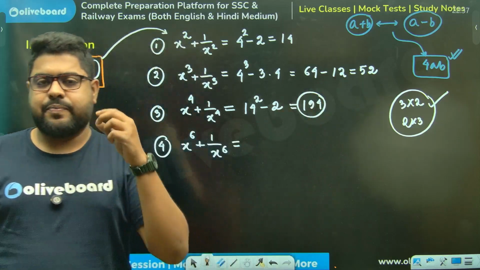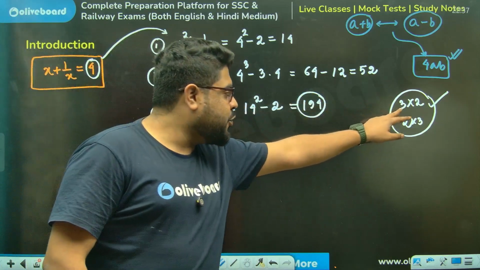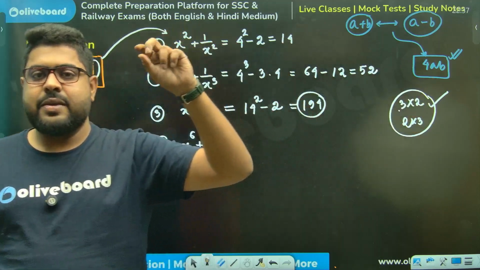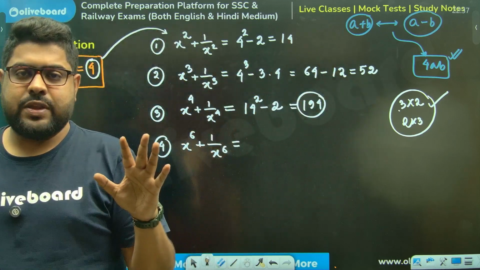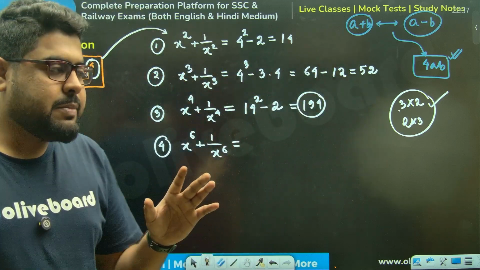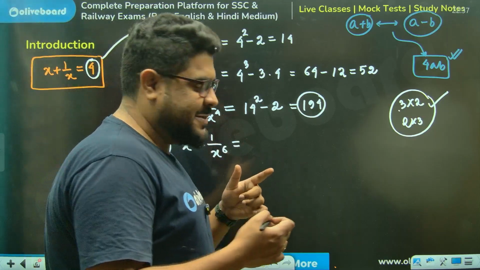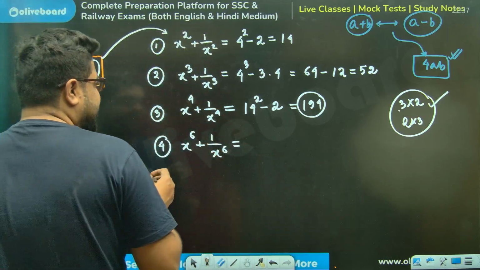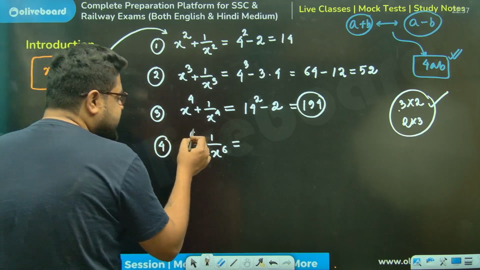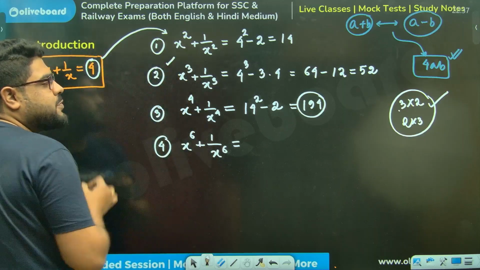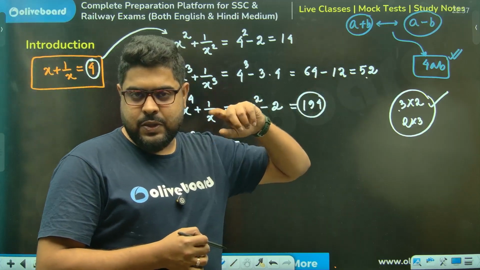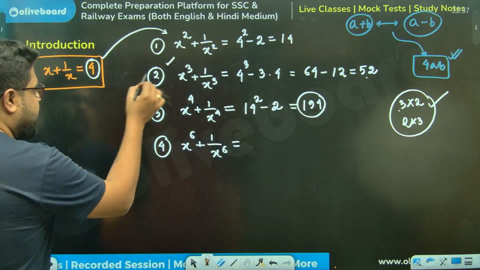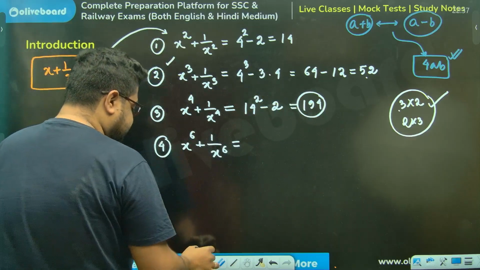If you ask me, I will say do the cube first, then do the square, because cubing of bigger numbers is a little tricky. Most of us don't remember. But squaring is much easier to do, right? So let's do the cube first. So what will be the value of x cube plus 1 by x cube? Sir, 52. Please understand. So once I know this, now please understand, think of this.